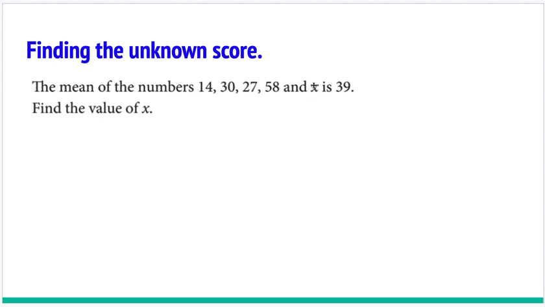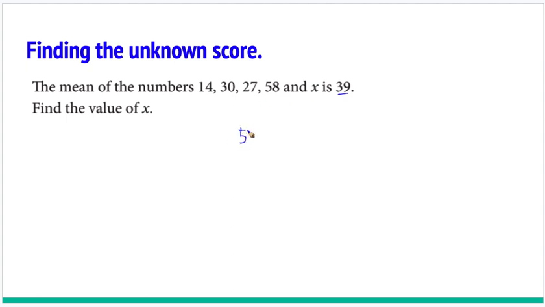Let us take a look at how we find the unknown score if we are given the mean. The mean here is 39. And we have seen earlier on that if we take the total number of items multiplied by the mean, we have the total score. So how many numbers do we have here? 1, 2, 3, 4, 5. 5 numbers.